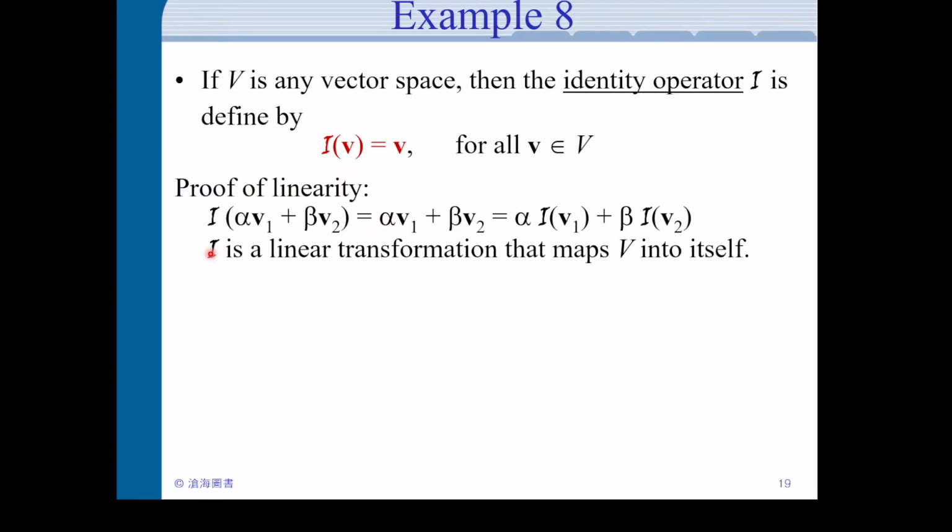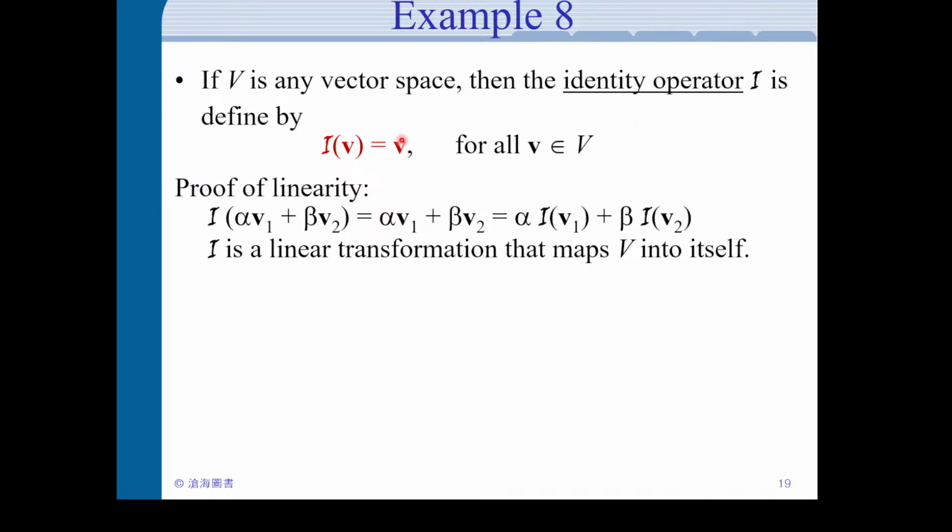So you have a linear combination, and you apply the identity on it, and obviously you get back the same linear combination, so you respect the linear combination. We have a really short proof here that the identity operator is also a linear operator. And here is more about notation.